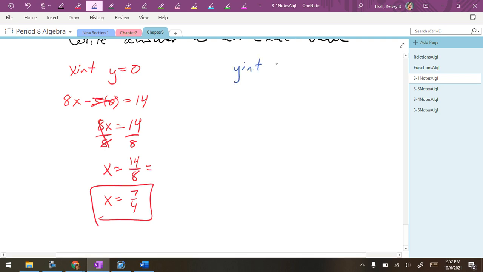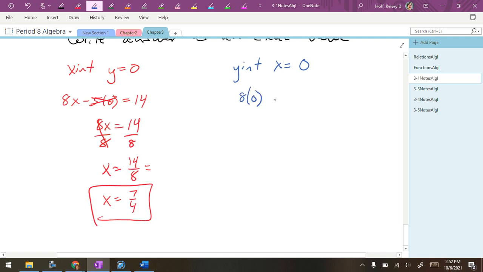Y-intercept occurs when x equals 0. So now this time I really have 8 times 0 minus 5y equals 14. 8 times 0 cancels out. I'm left with negative 5y equals 14.